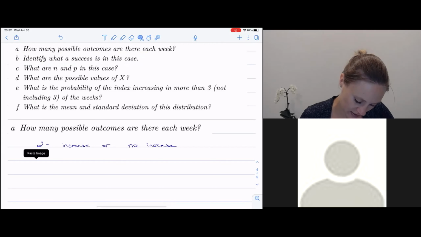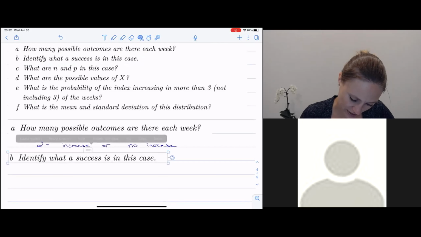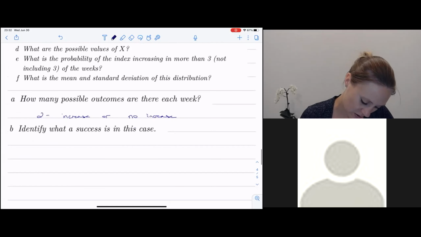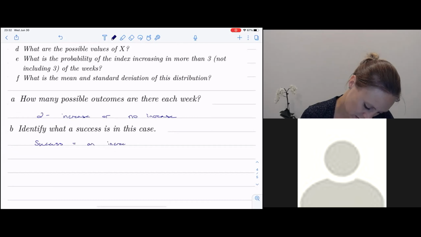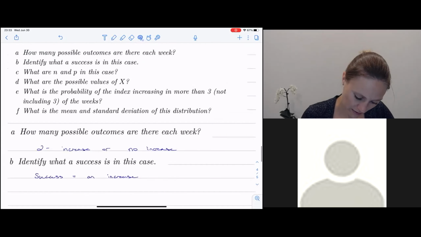Identify what a success is in this case. We already talked about that, right? So a success is an increase. What are N and P in this case?